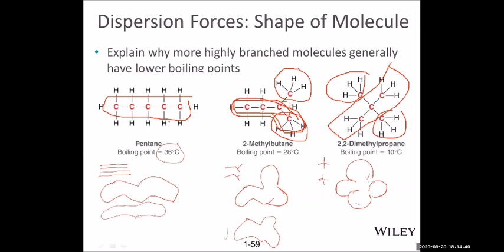By the way, the first molecule is nonpolar. And the last molecule, because it is perfectly symmetrical, is also nonpolar. The middle compound, 2-methylbutane, is not so symmetrical. The molecule has a small dipole, a slightly polar molecule.